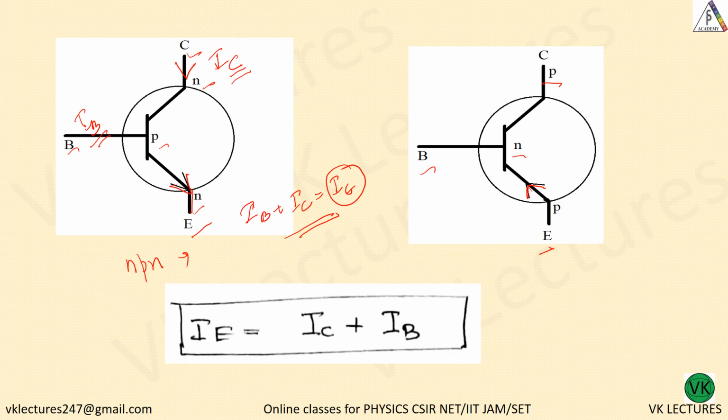Now here also for NPN transistor this equation is valid, but the direction of current will be opposite. IE is into the transistor while IB and IC are out of the transistor. In both ways, this equation is satisfied: IE equal to IC plus IB.